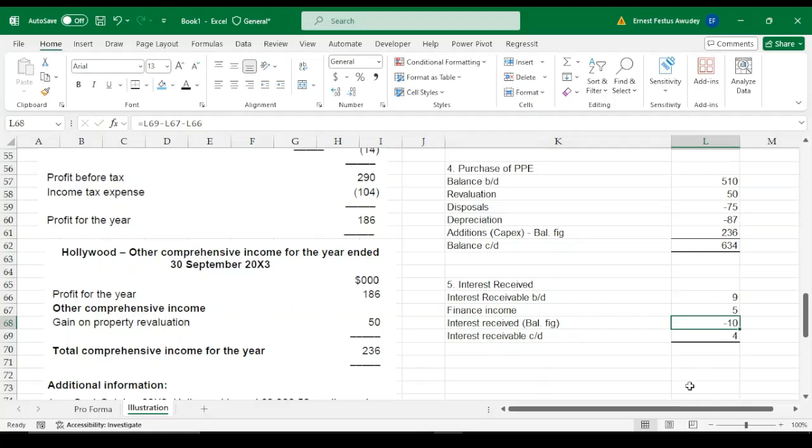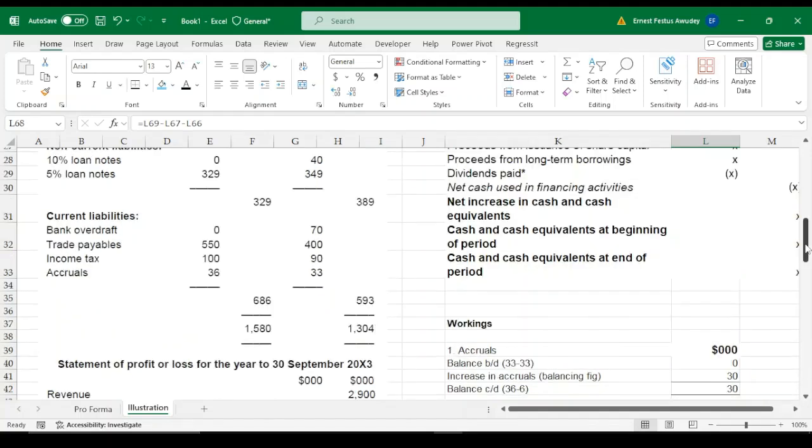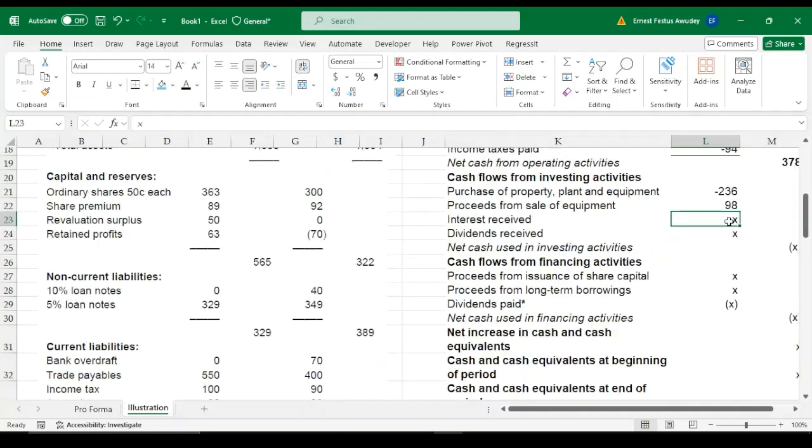So that's negative 10 right there, and I'm going to put it under my interest received. It is an amount you have received, so it's going to be positive 10 right there.